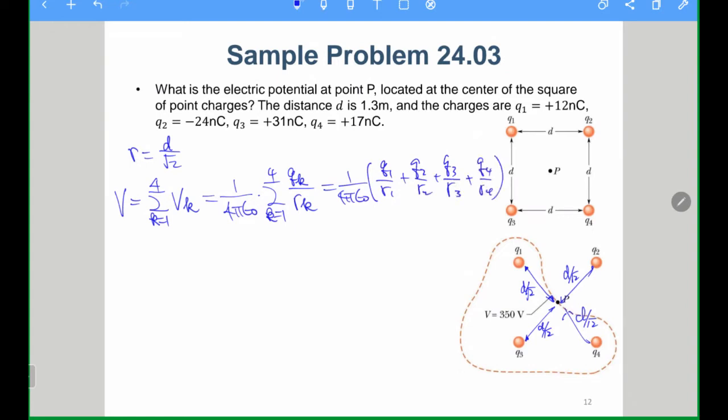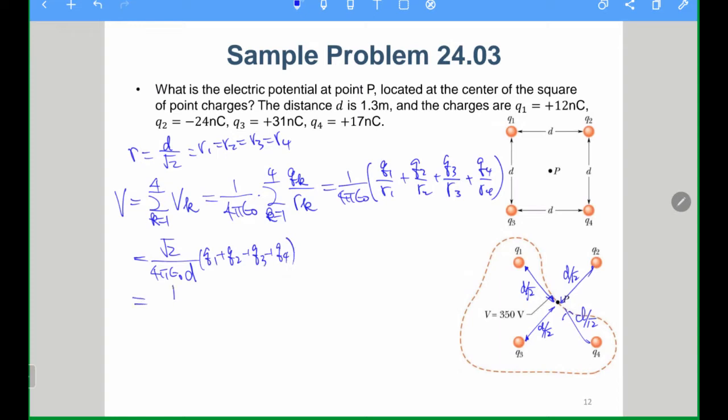But in this question, r1 equals r2 equals r3 equals r4 equals d over square root of 2. So we have square root of 2 over 4 pi epsilon naught d, and then we have q1 plus q2 plus q3 plus q4.